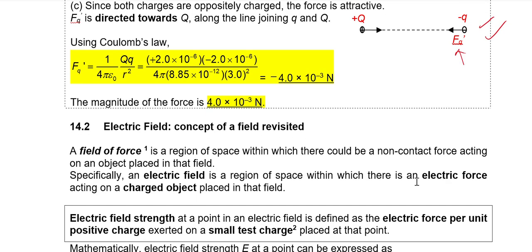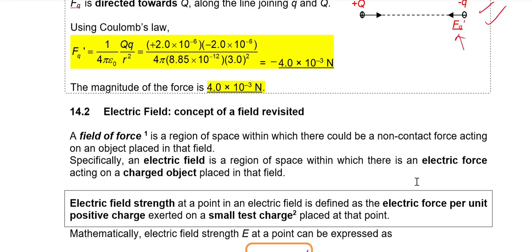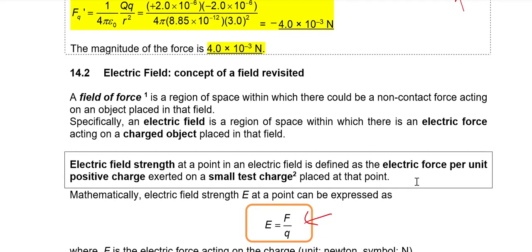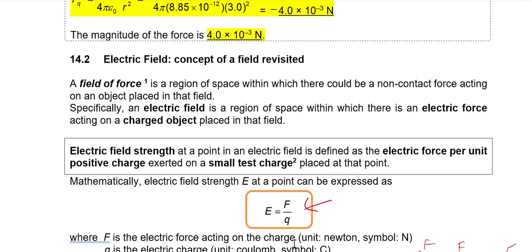The electric field strength at a point in an electric field is defined as the electric force per unit positive charge exerted on a small test charge placed at the point. So mathematically, the electric field strength at a point can be expressed as E equals F over small q.